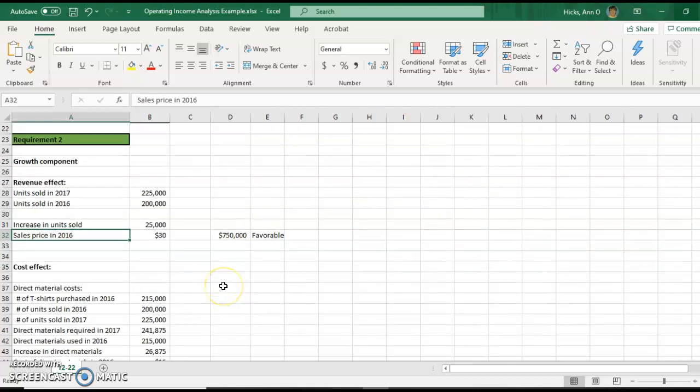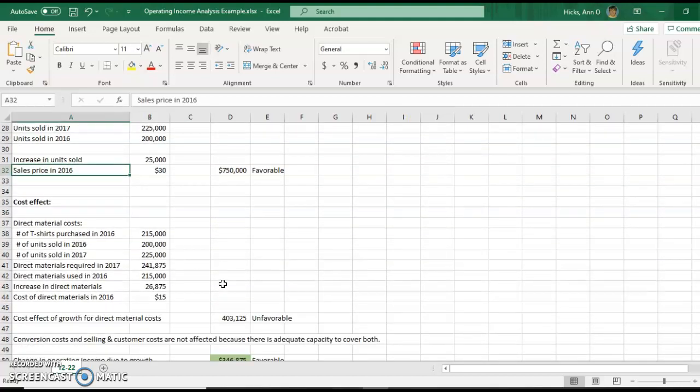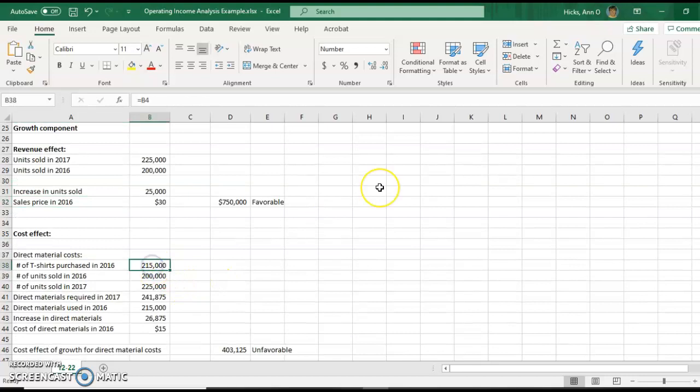Now, for the cost effect, we need to look at the direct materials that we used. We know that we purchased 215,000 t-shirts in 2016 in order to be able to sell 200,000 in 2016.